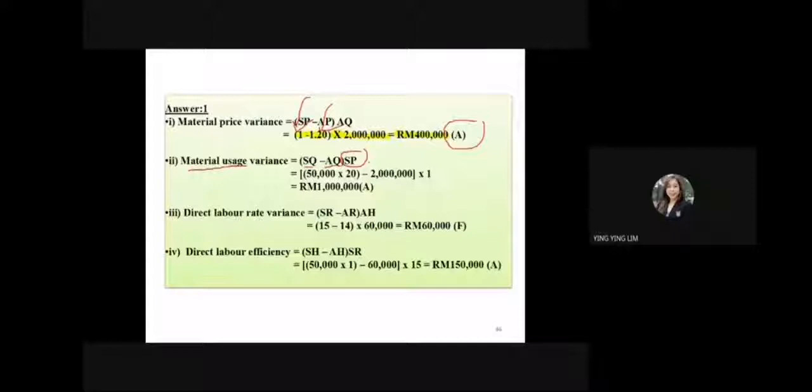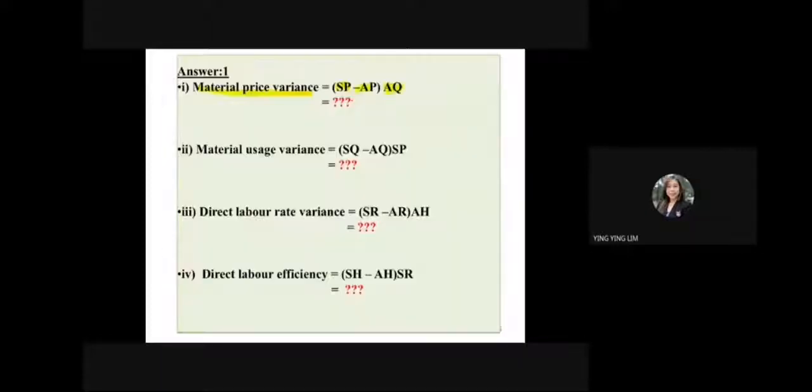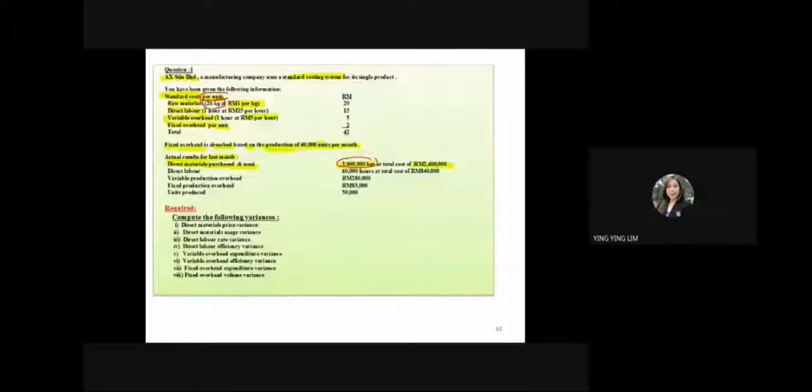Now, if I use 20, I minus 2 million, it doesn't make sense, right? So therefore, standard quantity is for actual production. Meaning to say, this 2 million kilo represents how many units? It is for 50,000 units.